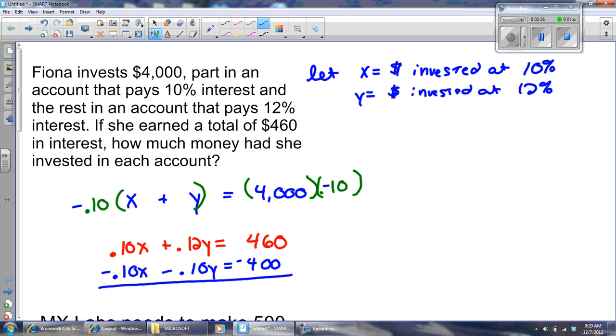Now I'm going to combine and get 0.02y equals $60, right? And so I'm going to divide by 0.02.